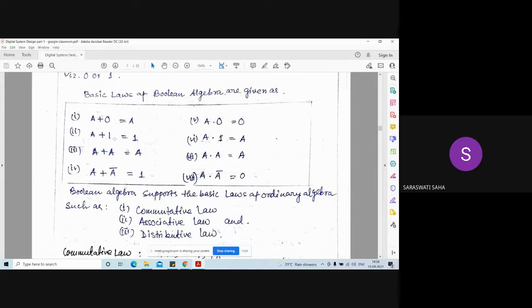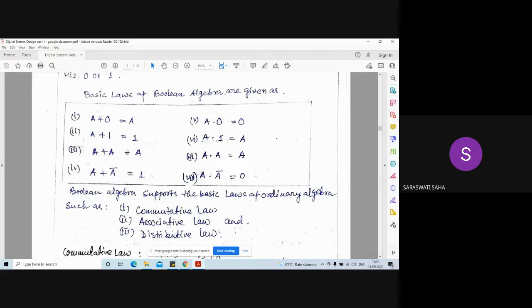Here, OR operation, A plus 1. So any variable, whether it is 0 or 1 state, if we OR this with 1, what will be the output? 1. Because in OR operation, if any input is 1, the output will be 1.